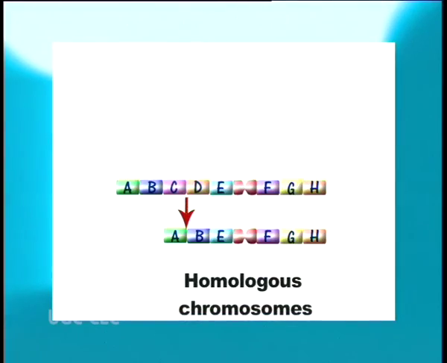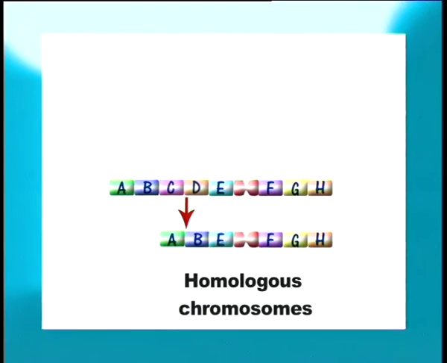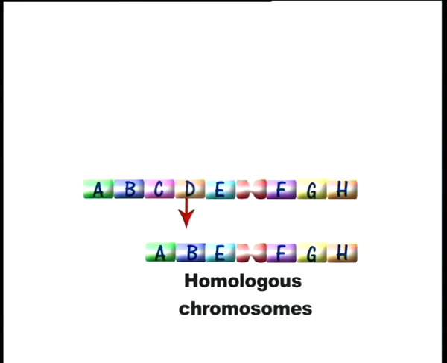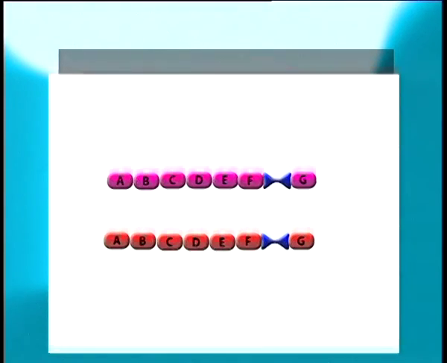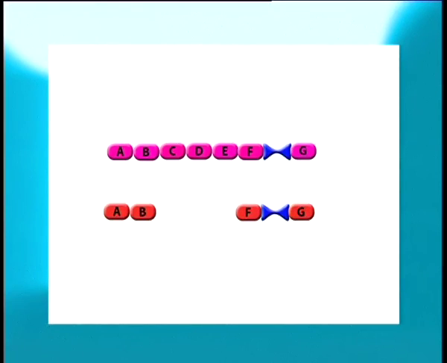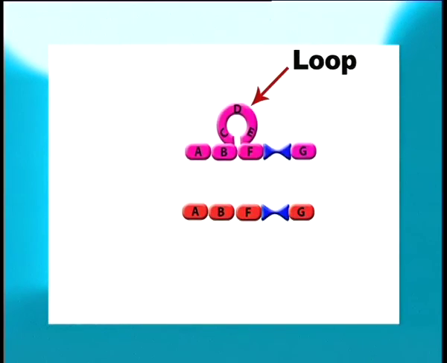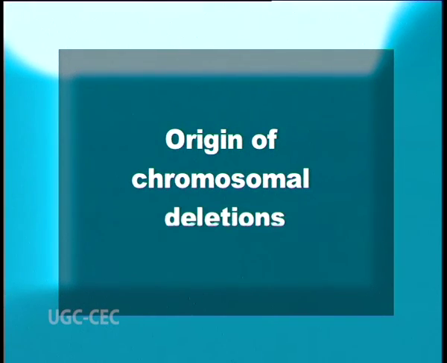If the alteration is found in one homolog but not the other, the individual is said to be heterozygous for the aberration. In such cases, unusual but characteristic pairing configurations are formed during meiotic synapsis, or in somatic cells if chromosome pairing occurs.